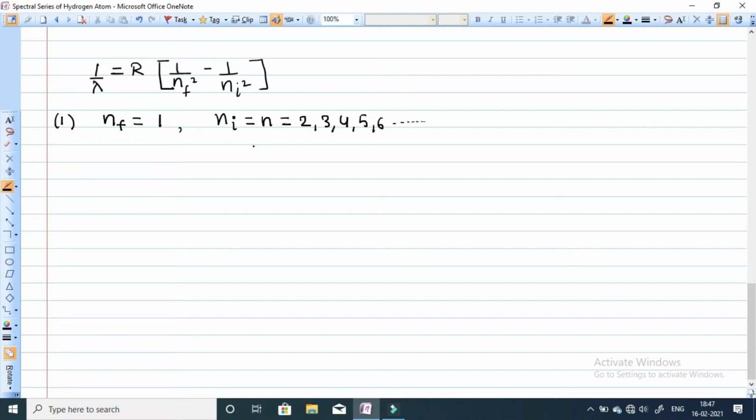So now this equation will be modified as 1 upon lambda is equal to R into 1 upon 1 square minus 1 upon n initial square, where n final is 1, meaning the electron makes a transition to the first energy state, the ground state. The value n may change: it may be the first excited state, n equal to 2, the third excited state, the fourth, fifth, sixth, or any excited state, and finally it makes a transition to its ground state.